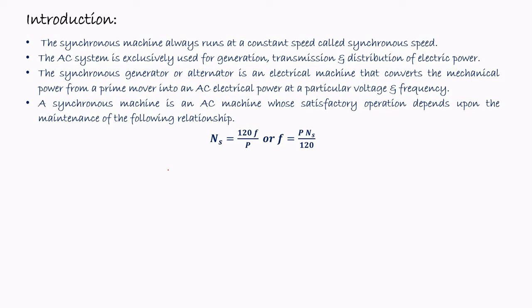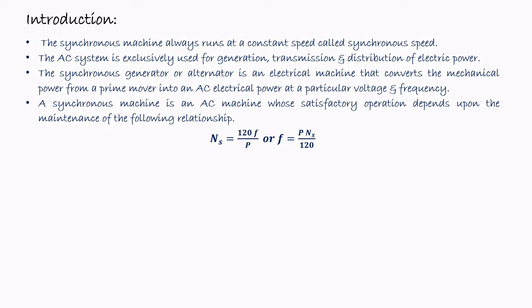Therefore, when this machine is operating as a synchronous motor, depending upon the frequency of the supply and the number of poles in the stator, the value of Ns will be constant, which is considered as the synchronous speed. That means a synchronous motor will always run at the synchronous speed.